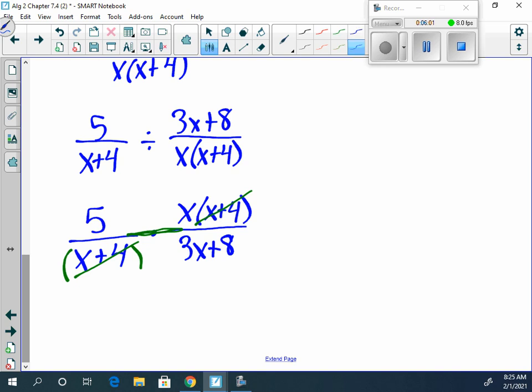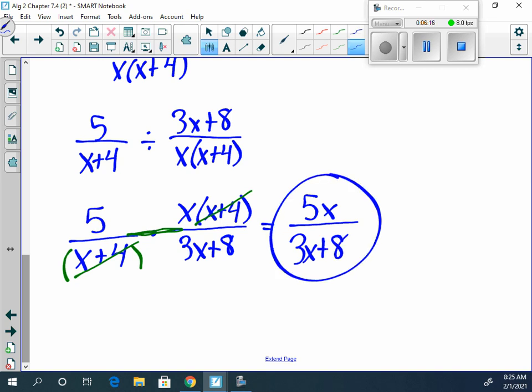If I do that, what am I left with? 5x, because they are being multiplied. And what can x not be? Negative 4, because the one that's simplified out of the denominator is this here.